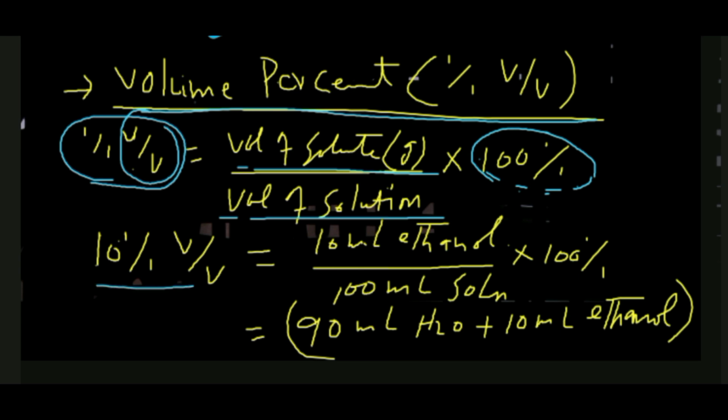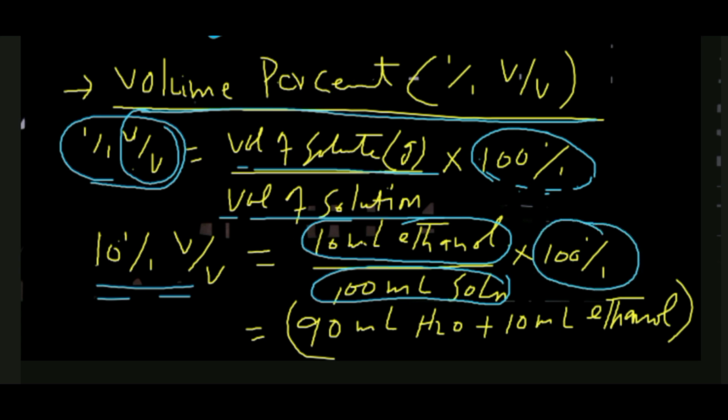For example, if we have a 10% volume by volume solution of ethanol, it means that we have taken 10 ml of ethanol, and the same has been dissolved in 100 ml of solution, and which has been multiplied by 100.